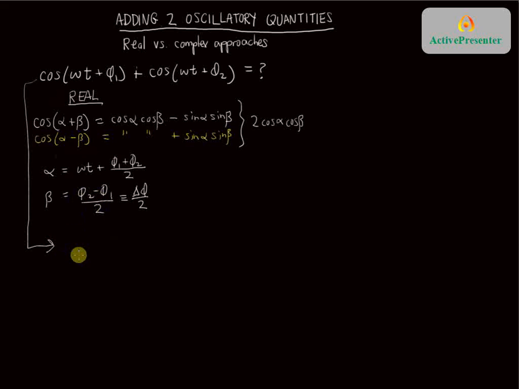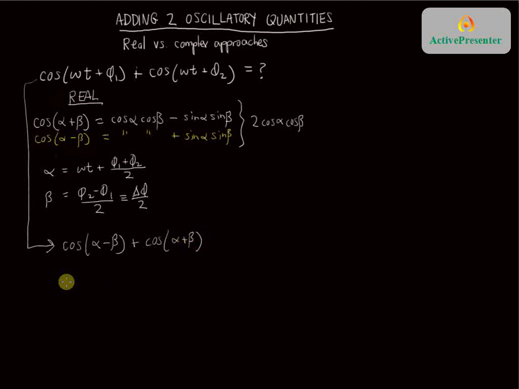The first term actually becomes cosine of alpha minus beta, and the second term becomes cosine of alpha plus beta.